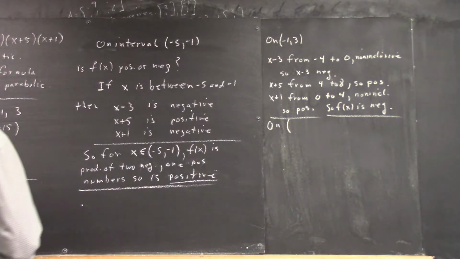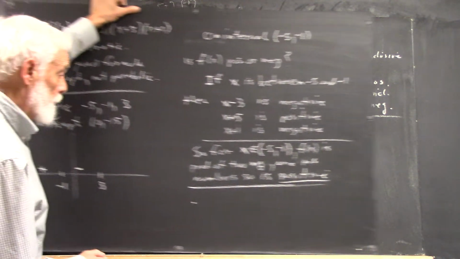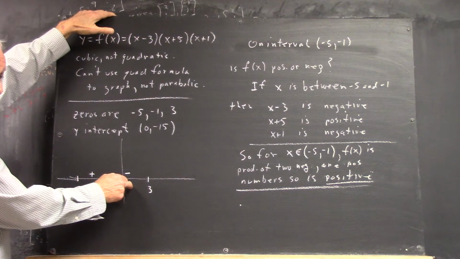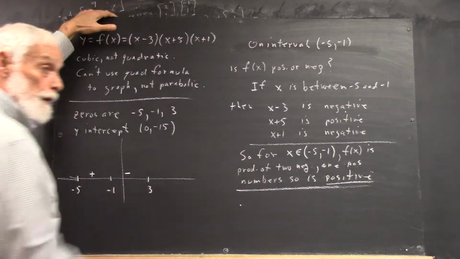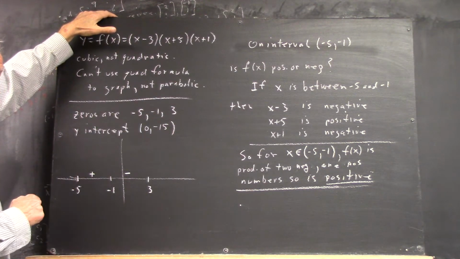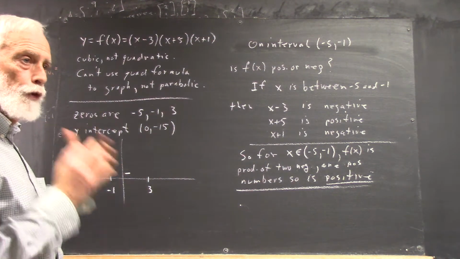So now we can say that the function is negative here. And of course, I'm over here, the graph again, okay? So now we know that we're negative here, right? Now we've got 2 more intervals, from 3 to infinity, and from infinity to -5. Because these zeros have split the x-axis into 4 intervals.